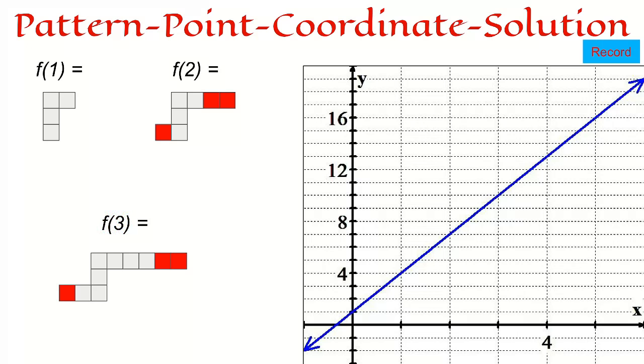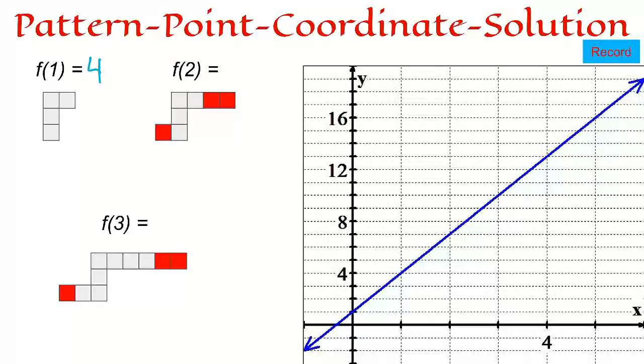So here in figure 1, how many tiles are there in figure 1? You can type it in the chat, or you could just turn on your mic and blurt it out. 4. There are 4 tiles. Yeah, 1, 2, 3, 4.